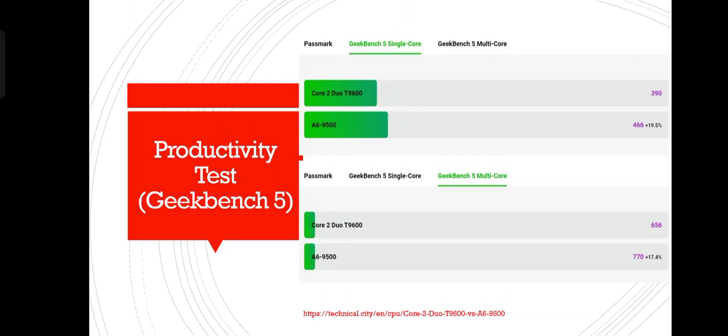As you can see, in the single core, the A6-9500 has the higher score, which is 466 compared to the Intel Core 2 Duo, which has a score of only 390. In the multi-core part, the A6-9500 also has the higher score, which is 770 compared to the Core 2 Duo, which has a score of 656.